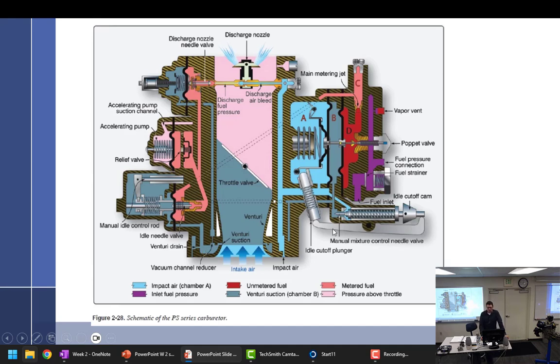When we pull the mixture back, we bleed air between A and B, so it ends up riding on the spring initially until we keep pulling it back more. Then it rides on the cam, which pushes up the plunger, which pulls the spring back and blocks this off right here, shutting off the fuel.